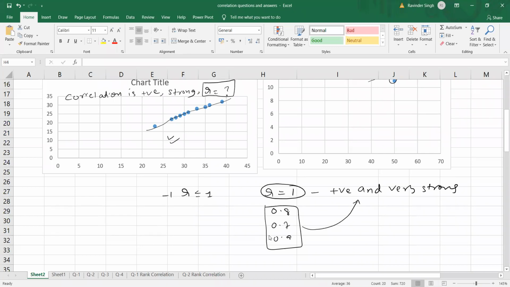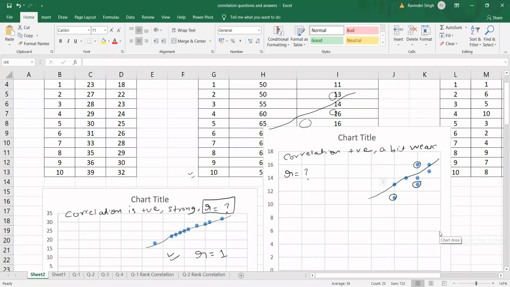So this R value is still unknown to me. But I have one thing in mind: because it has a very, very strong correlation and all the points lie on the straight line, I am 100% sure that whatever R value I get will be in the neighborhood of 1. But for this second data, because it is positive, whatever R I calculate will definitely be positive, but it is a weak correlation.